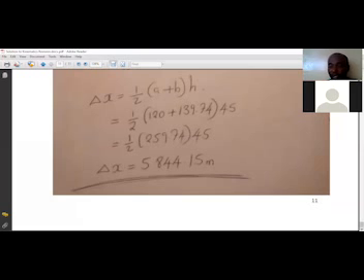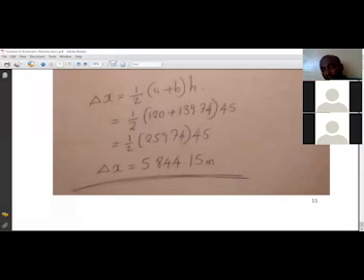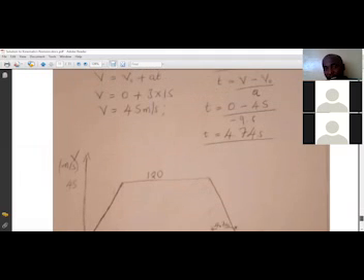So that's the scenario. Are there any questions? Yes, Innocent. How did you get the final time, the 4 point something? The time, not the deceleration.